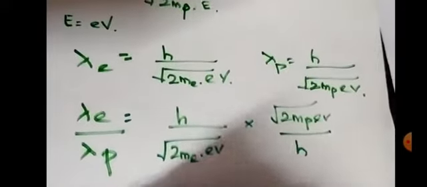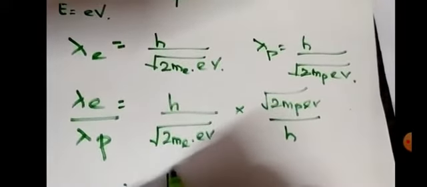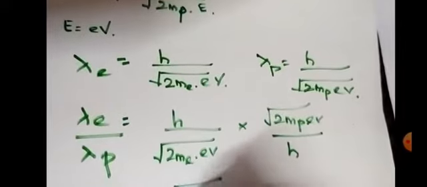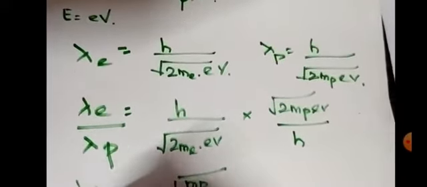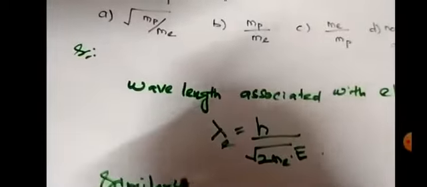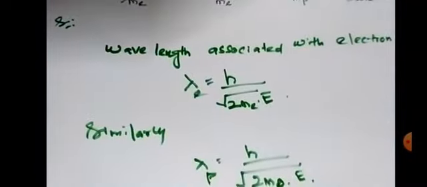On cancelling all the above terms, we will get mp divided by me. So the option which we have discussed, option A, is the right one.